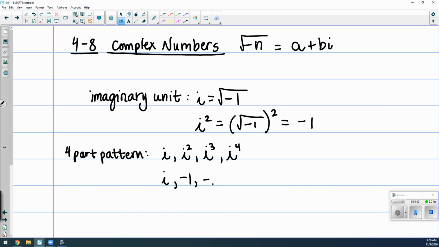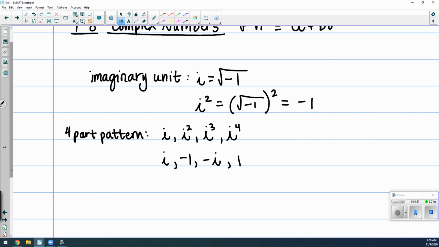Now, i cubed is going to be -i, and i to the fourth will be +1. So you could expand the square root of -1 times itself 3 times and see where we get -i, just like you could expand i to the fourth, or the square root of -1 4 times, and see where we get the +1. So if you can remember this 4-part pattern, then you're going to be all set for dealing with complex numbers.